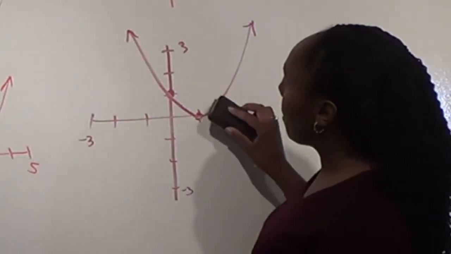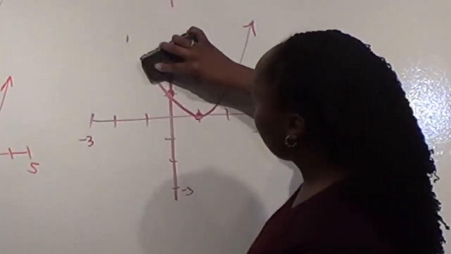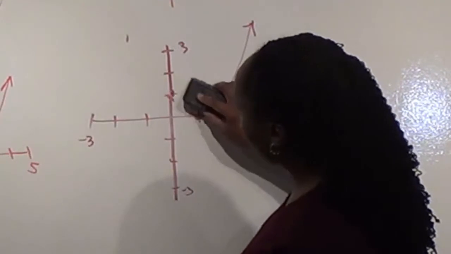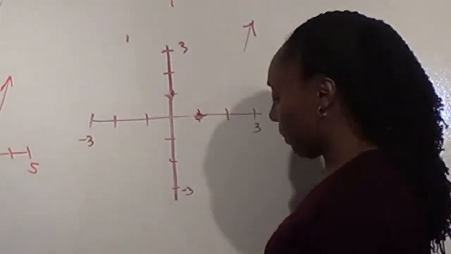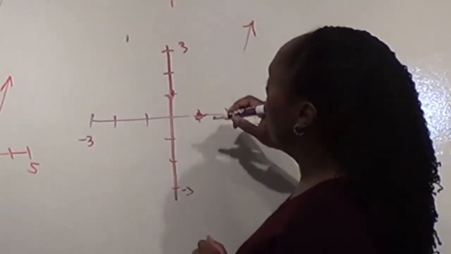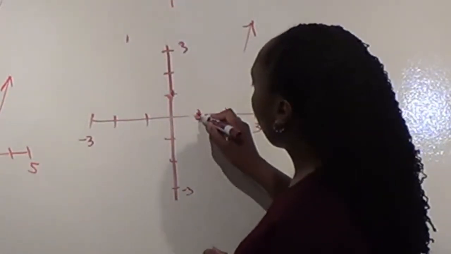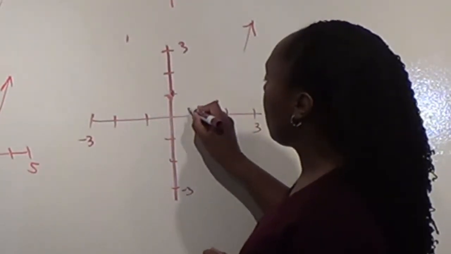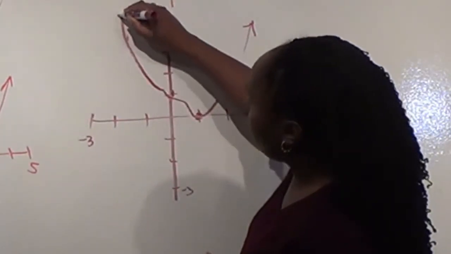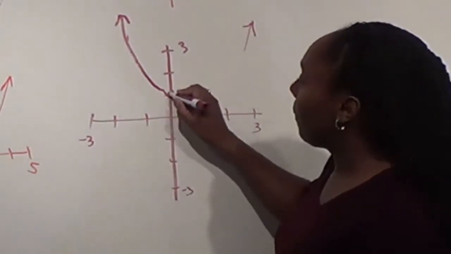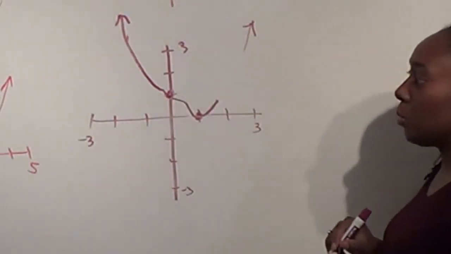So instead of just making this look like a parabola, we're going to take into account that there are other roots, they're just not real. Okay? I'm still going to have the same end behavior, but coming from my intercept here, there's going to be some pieces of the graph that make it not as smooth.